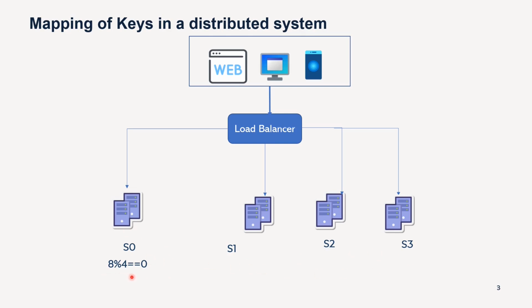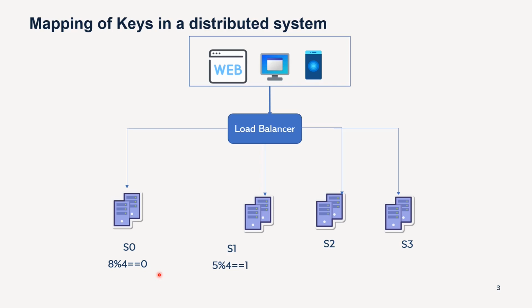You can take any hash function, but in this example, I have taken the mod of 4 hash function. So now the value is 0. 0 means whatever request 8 is coming to the system is going to be saved on server 0. So the first server will save this value happily. There's no issue.